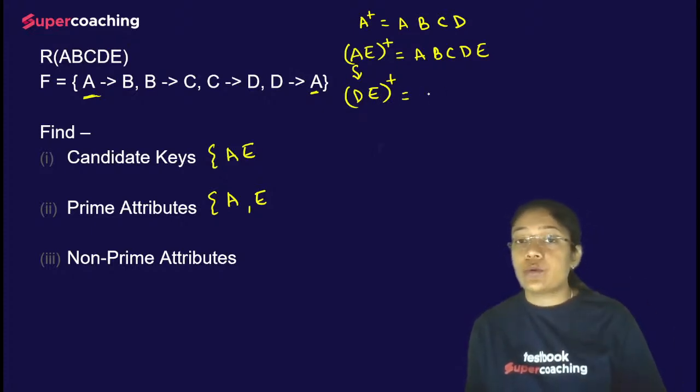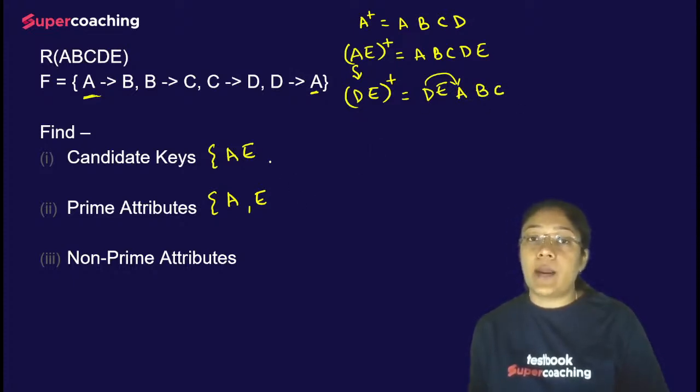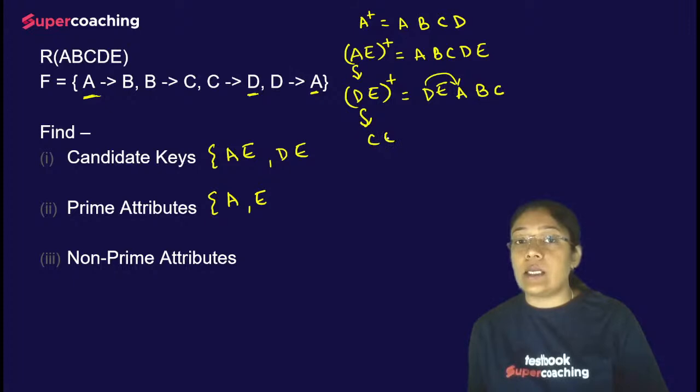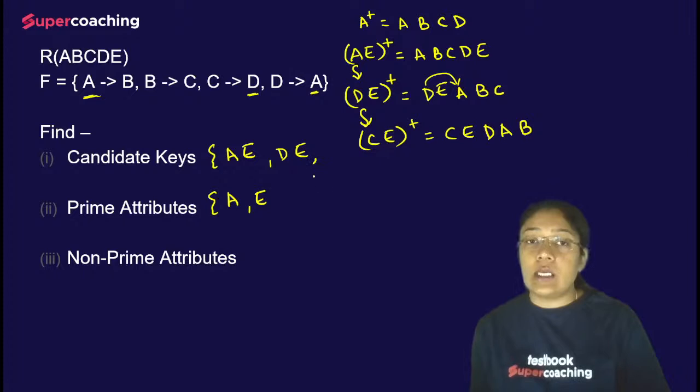DE is determining itself, D is determining A, A is determining B, and B is determining C. So all the attributes are determined, so we got DE. Now D is present on the right hand side of C, so I'll replace this with C, CE closure. C is determining D, D is determining A, and A is determining B.